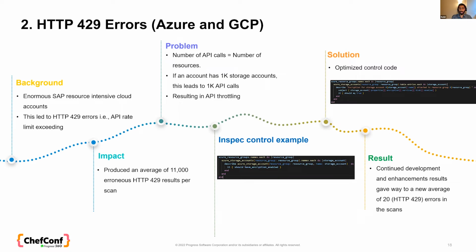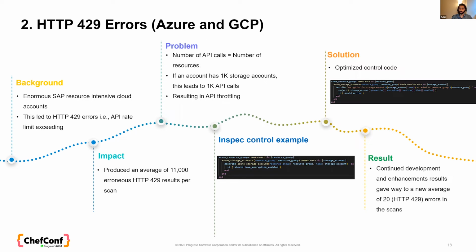This typically happens when there are enormous amounts of resources in a certain account or subscription or project. So during the initial phase of our internal CSPM tool go-live, we hit a large amount, almost around 11,000 erroneous HTTP 429 results per scan. And this was typically with Azure and GCP.